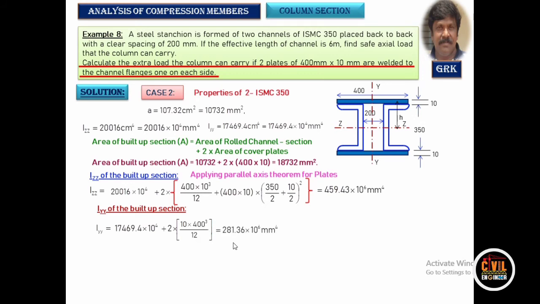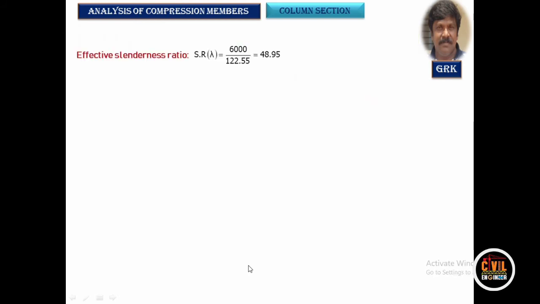The least moment of inertia is IYY. Get the least radius of gyration. It's 122.55 mm. The compressive stress has to be obtained from the slenderness ratio.